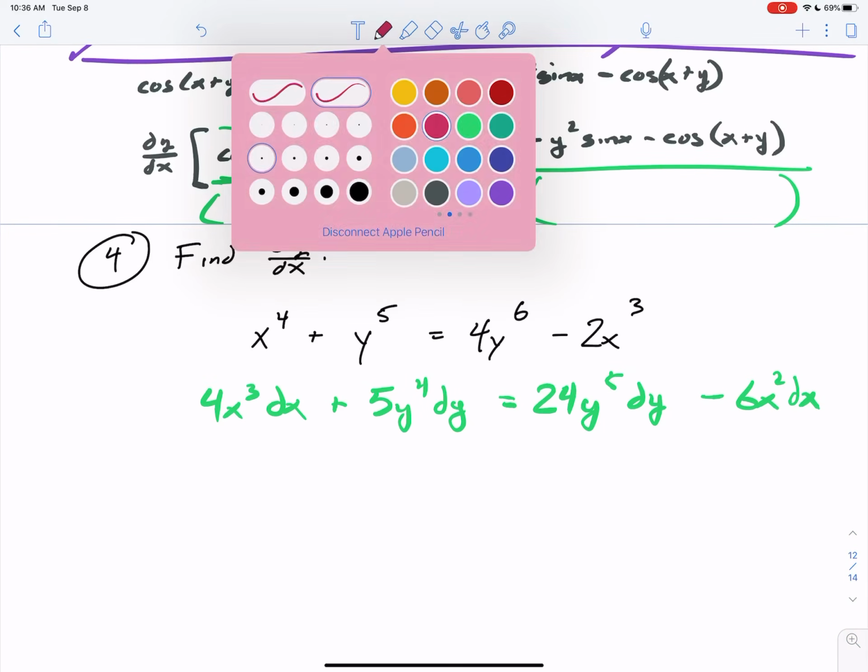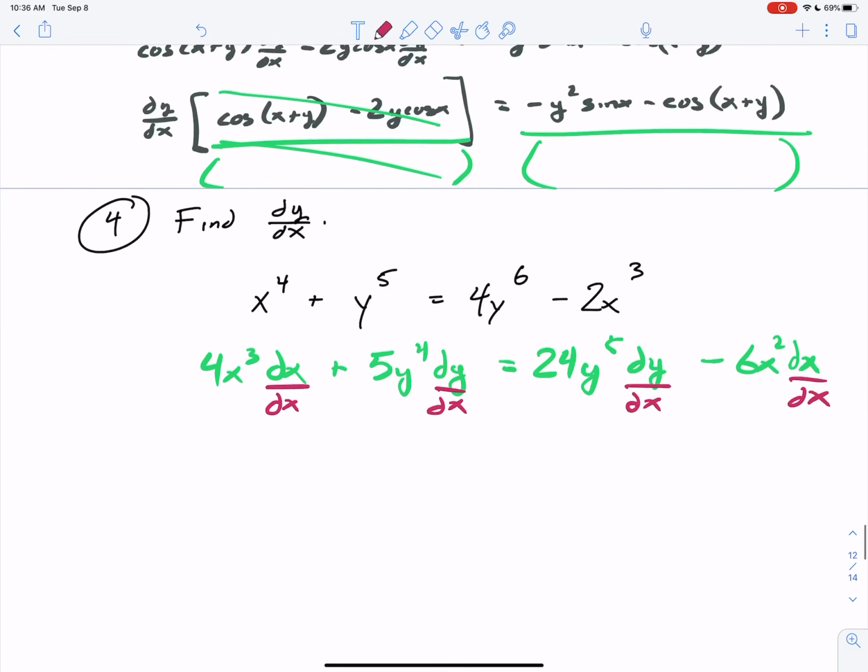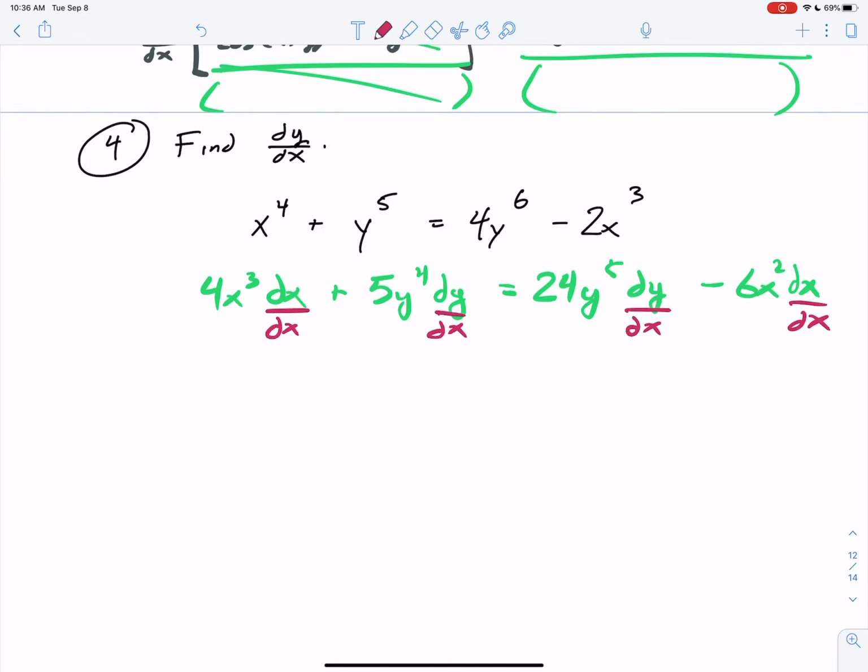Okay, here's how we speed things up, okay? We divide by dx at every differential. Okay, so if you guys watch other videos, they will teach it a little bit differently. And I've seen that before, and from my experience, this works best.